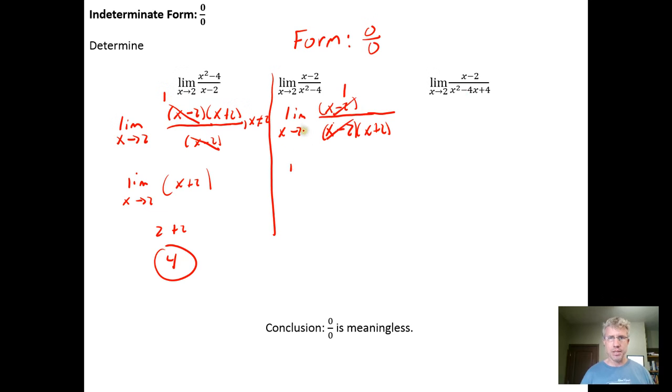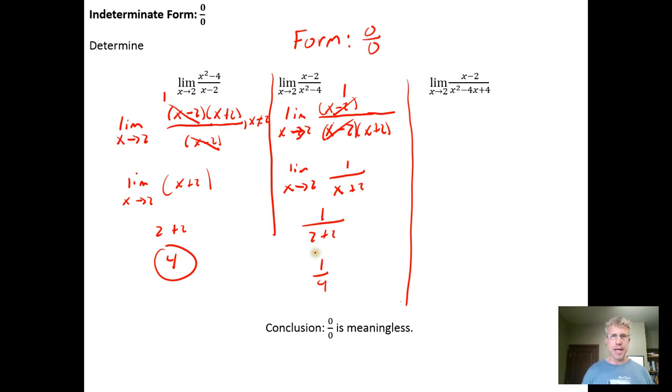We get the limit as x goes to 2 of 1 over x plus 2. And we're actually allowed to plug 2 into this because plugging 2 in doesn't cause a division by 0. So if we do that, we get 1 over 2 plus 2, which is 1 over 4. No big surprise, we got the reciprocal of the previous result. But the form that they have if you plug 2 in is 0 over 0. So even though they have the same form, the limit that you get is different.